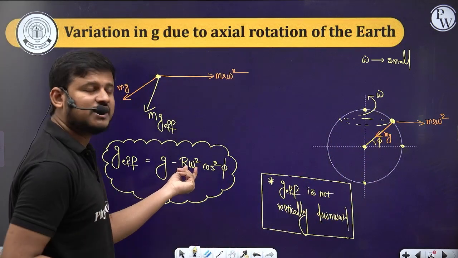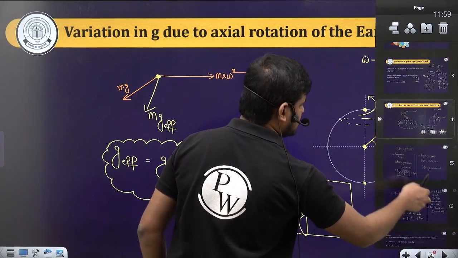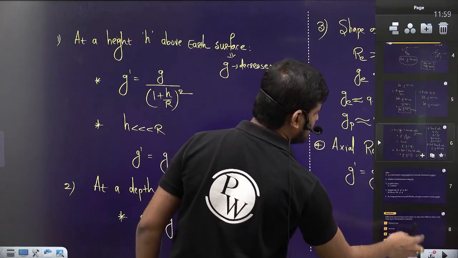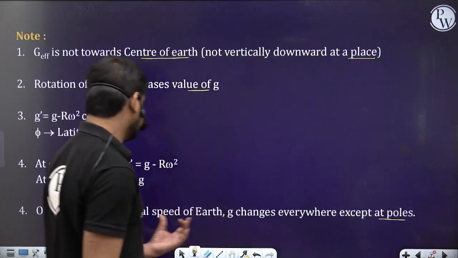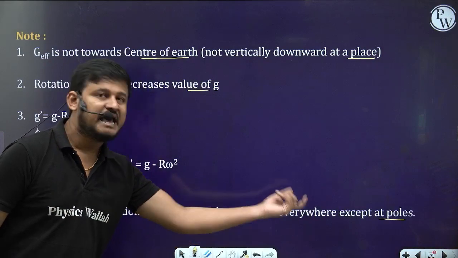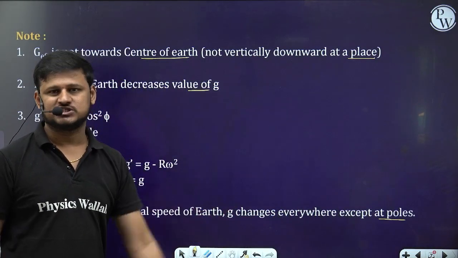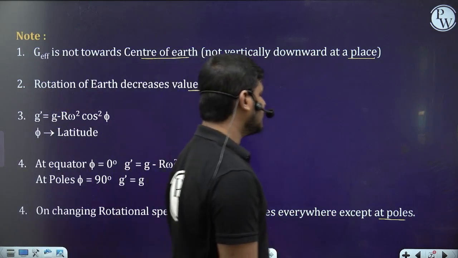So if it is not rotating, omega is 0. So the g effective will be g only, so its value will not change. So on changing the rotational speed of the earth, g changes everywhere except at the pole. So the g value will be g at the poles. Okay, clear? Because omega is 0.